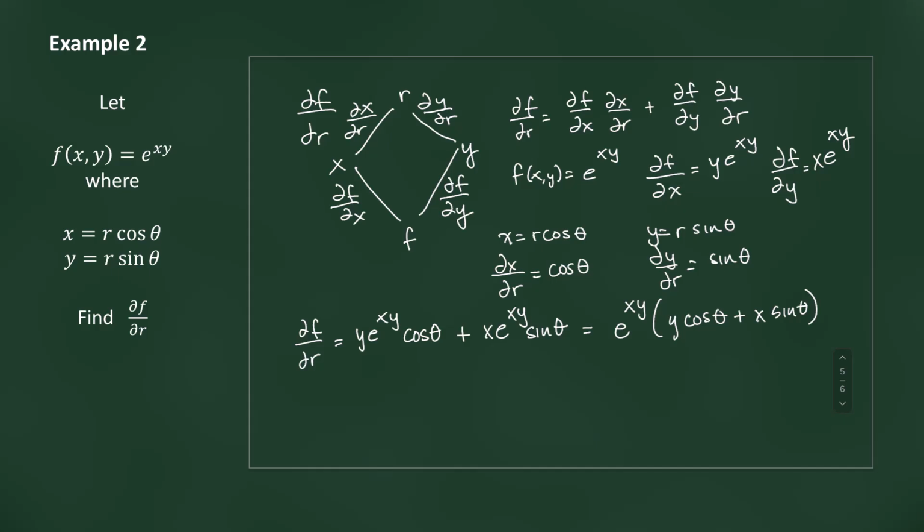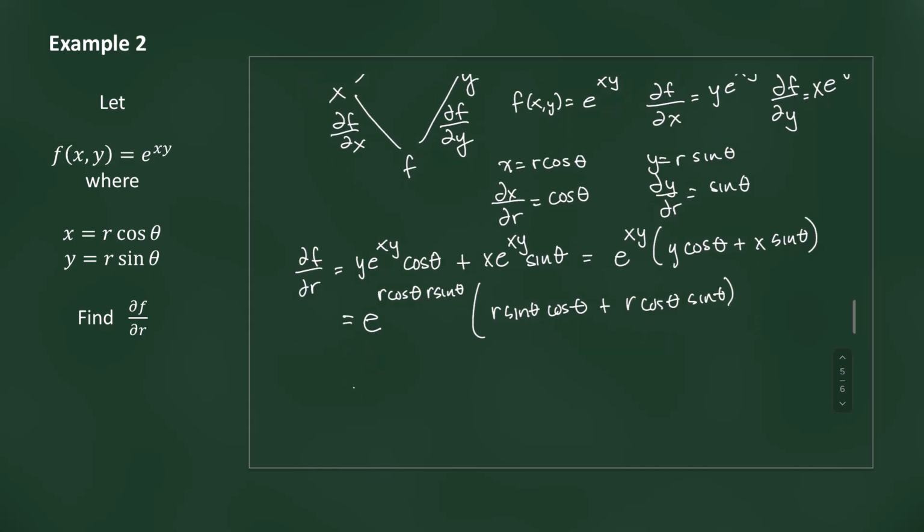And now we want our answer in terms of r and theta, not in terms of x and y. So we'll replace all of our x's and y's. So we're going to get r cosine theta, r sine theta times r sine theta cosine theta, replacing y there, and then r cosine theta sine theta, replacing x.